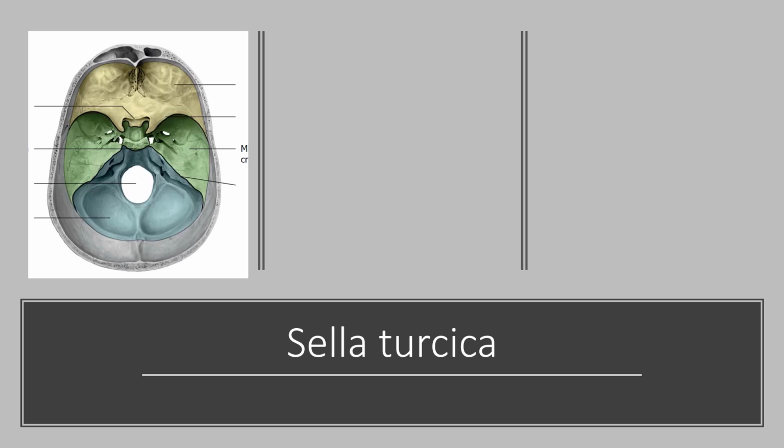This is cranial cavity showing anterior, middle and posterior cranial fossa in three different colors. This is middle cranial fossa. In the center of the middle cranial fossa, on the bone sphenoid, there is a concave depression that is known as sella turcica.